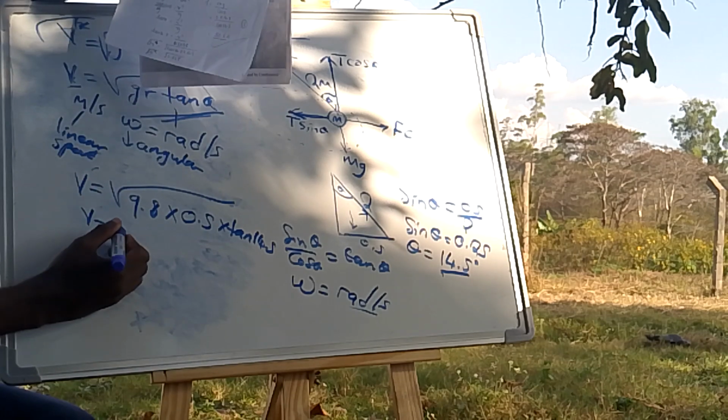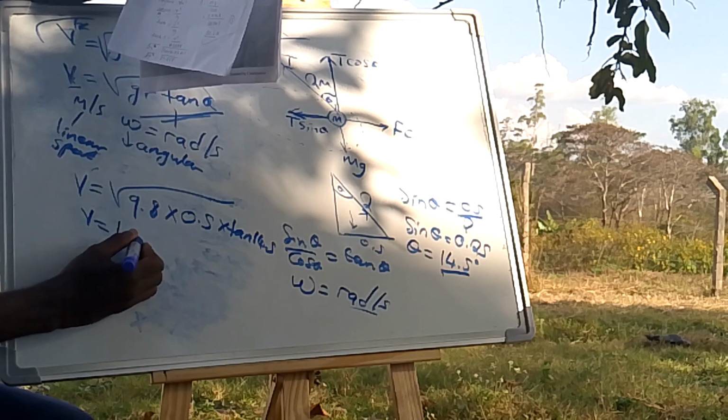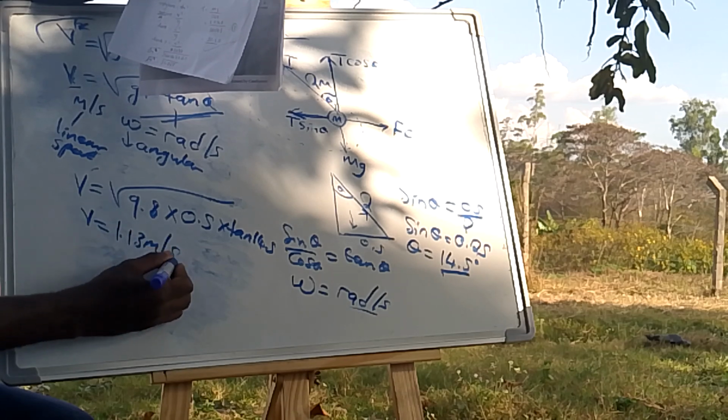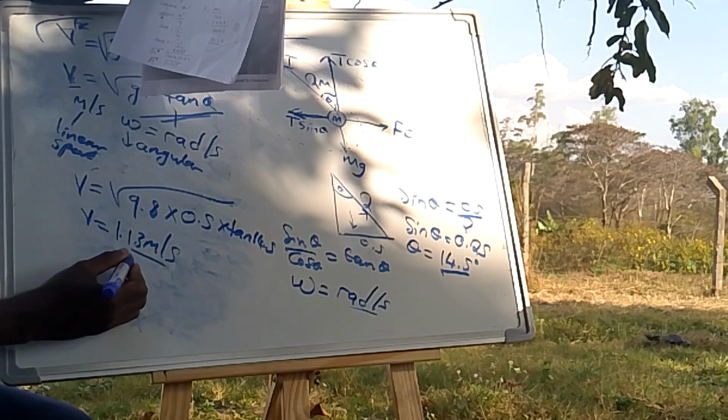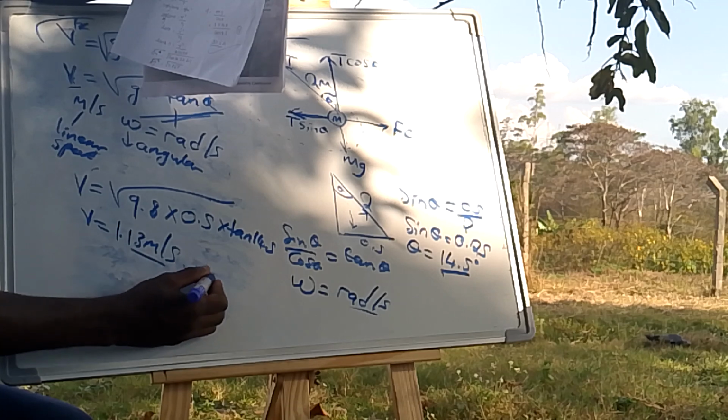After you do your calculation, you are going to have 1.13 meters per second. Now, this is linear speed.